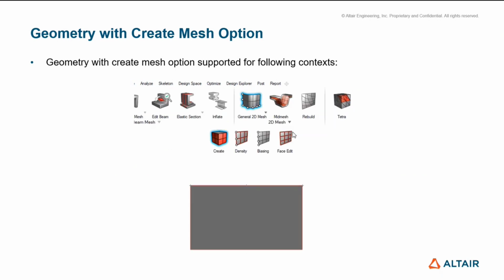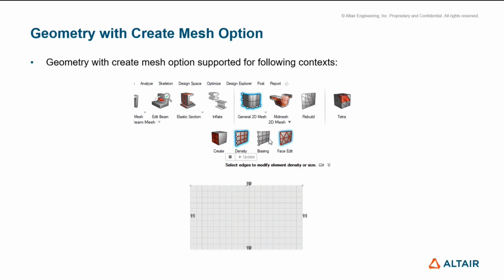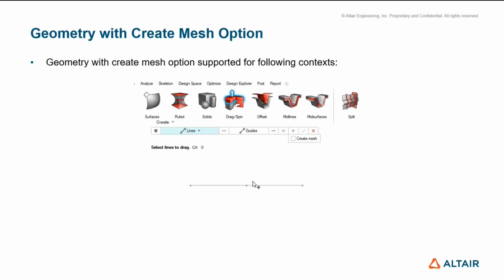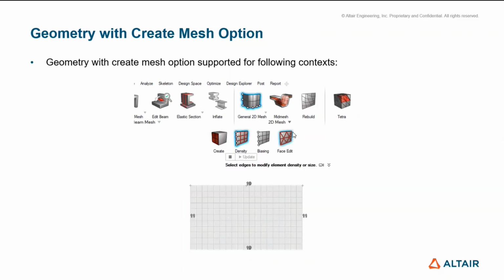Once create mesh is checked on, it takes you to the meshing panel, or the secondary context of the meshing, which is the density and biasing and face edit. Once you make changes, exiting this context at any time will take you back to the original geometry context that it was coming from. So it's very easy for users to create a geometry, create mesh on top of it, and then edit that mesh and come back to the geometry context for further modifications. So this is about the create mesh option.